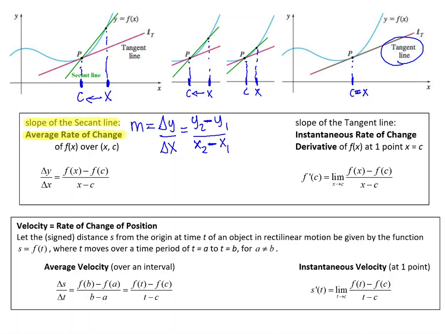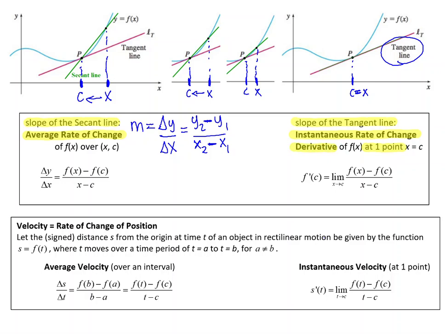The slope of the tangent line is called the instantaneous rate of change because it is the rate of change of the function at one point. Another name for that is the derivative.